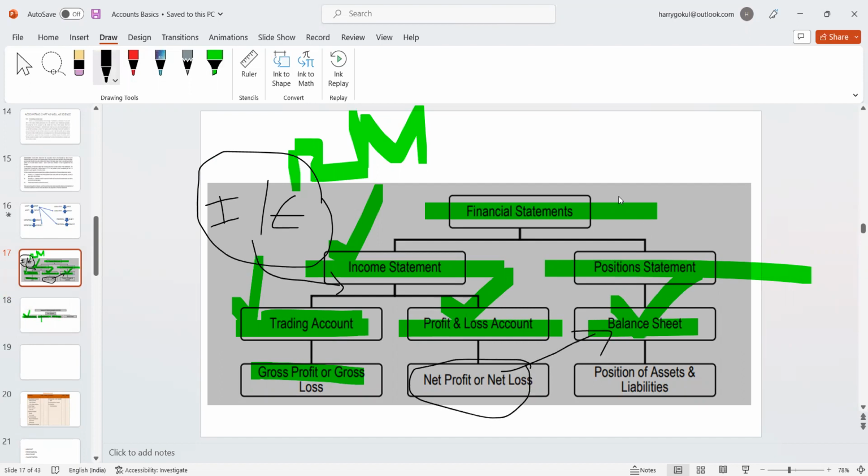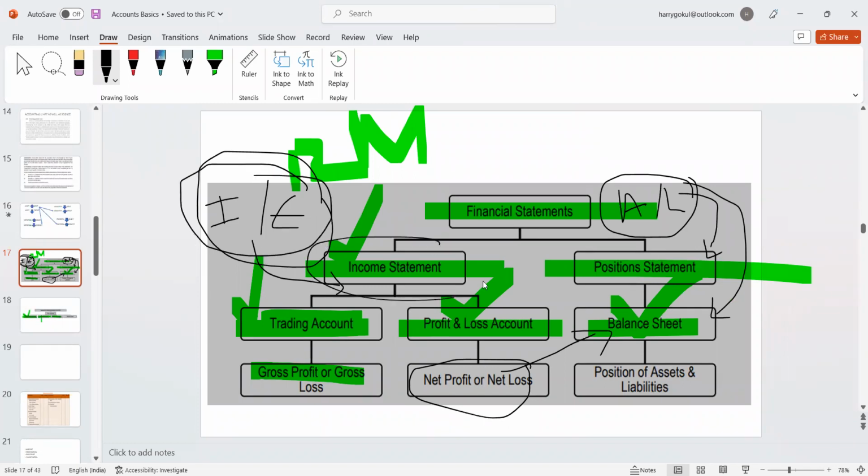The balance sheet has assets and liabilities, which come under the classification of position. So income and expenses are income statement items, which is nothing but the trading and P&L account items. Assets and liabilities are the balance sheet items.